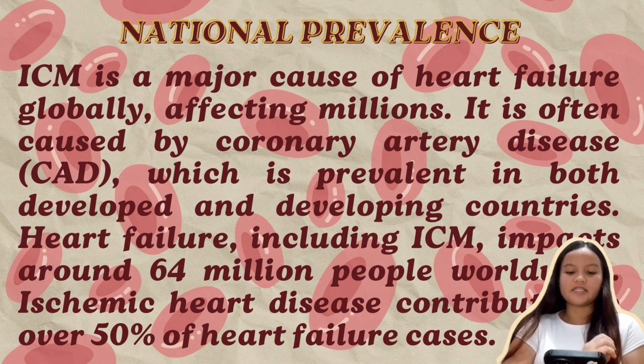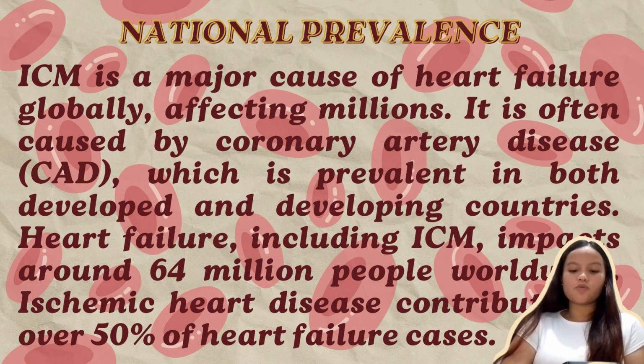In fact, ischemic cardiomyopathy accounts for up to 60% of all cases of cardiomyopathy, making it one of the most frequently diagnosed forms. And then the condition predominantly affects males aged 50 to 70 years old, suggesting that both biological and lifestyle factors during these years contribute to its development.